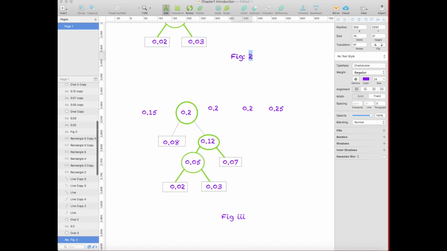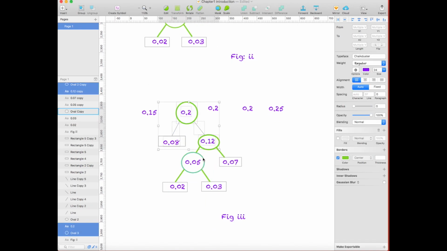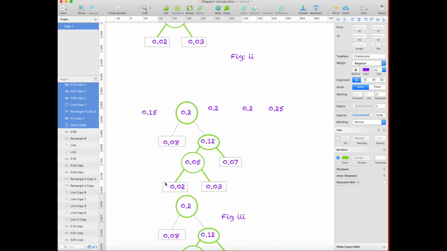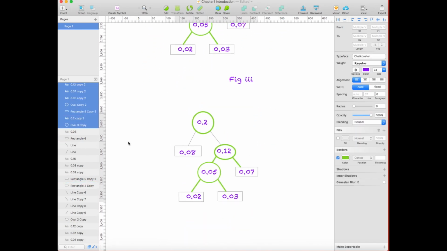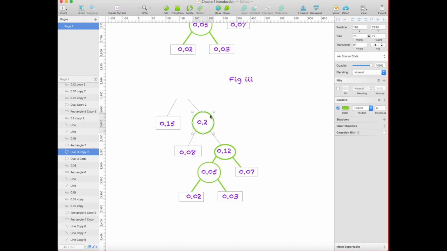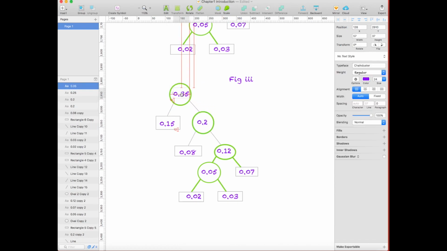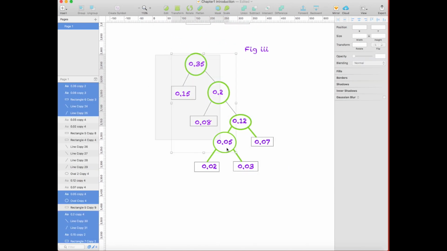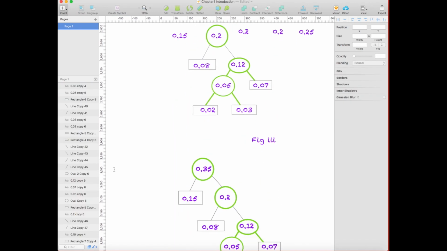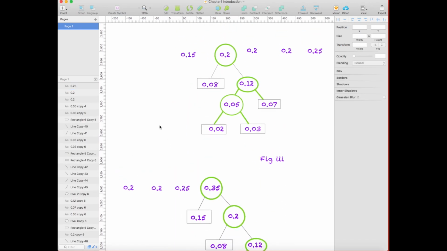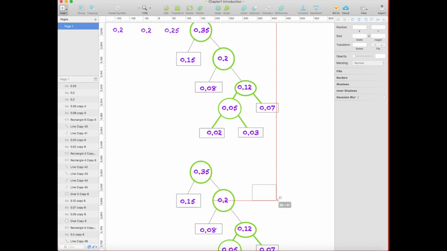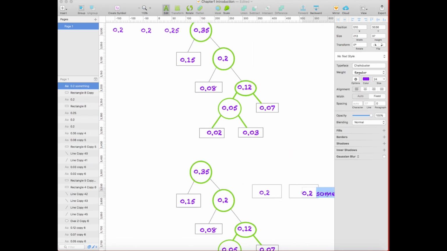There are 4 remaining probabilities, so we again add 0.15 and 0.2 to give 0.35, and since 0.35 is greater than 0.25, it goes to the rightmost side.